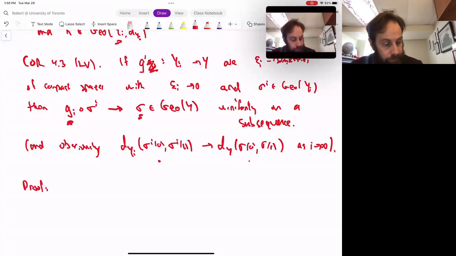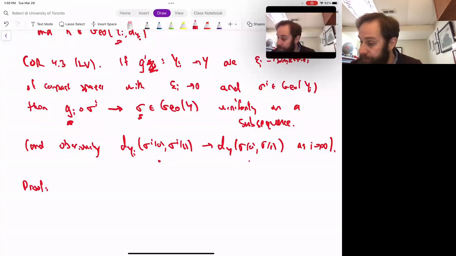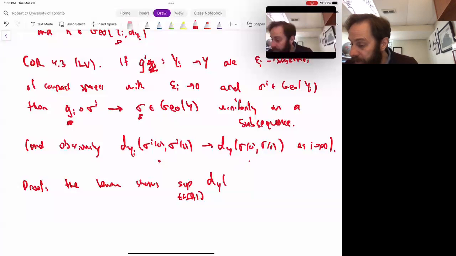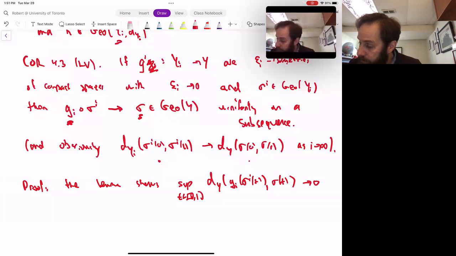So we basically apply the lemma. So the lemma shows the supremum of t in 0, 1 of the distance in the limiting space between GI sigma I t and sigma t goes to 0, along a subsequence.